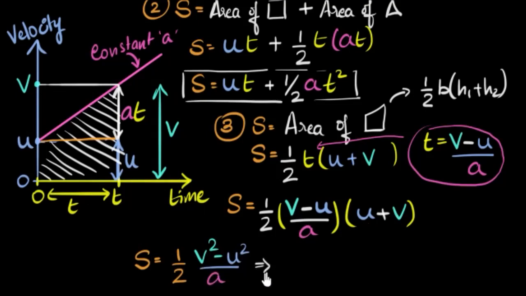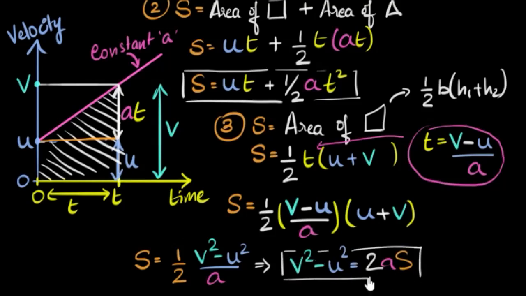And again, if we do some algebra and rearrange this, we will now end up with v squared minus u squared equals 2as. So we end up with 2as. And that is our equation number 3. As you can see, it is independent of time.